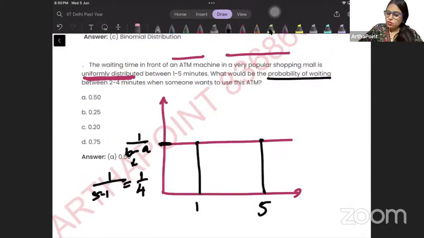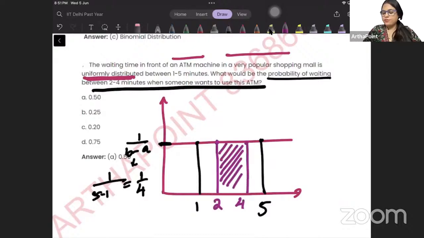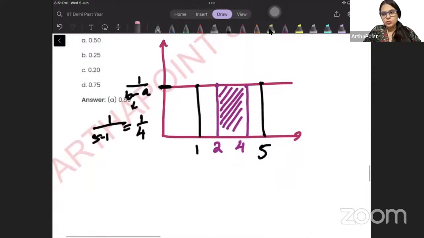Right? Now, we need the probability of waiting between 2 to 4 minutes. That means I want to find out this. Here I have 2 and here I have 4. Right? What is the probability of waiting between 2 to 4 minutes? This is what I need to find out. Right?